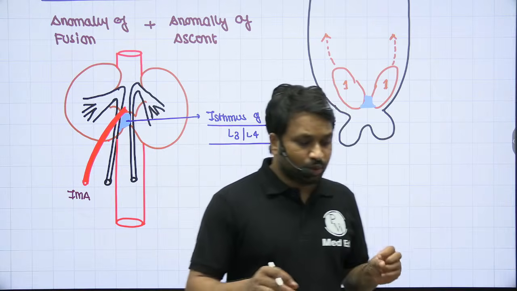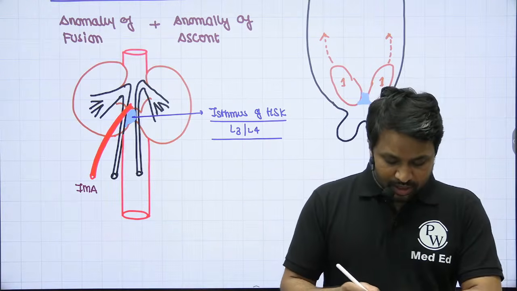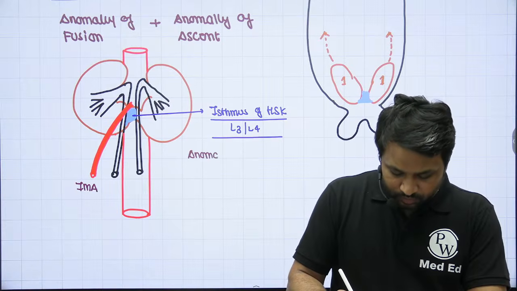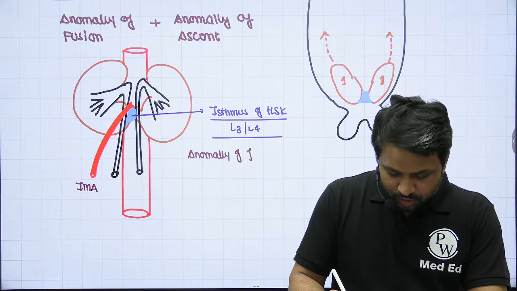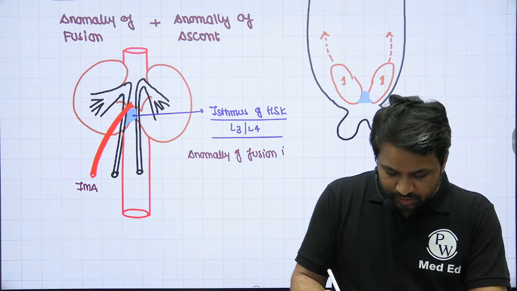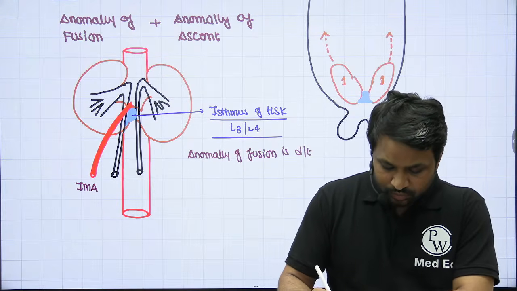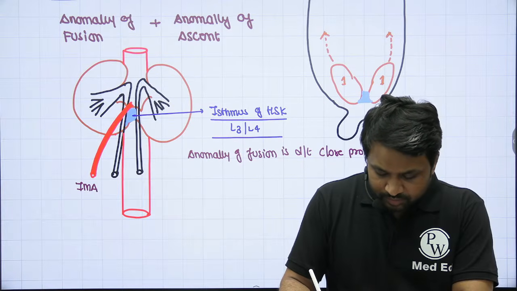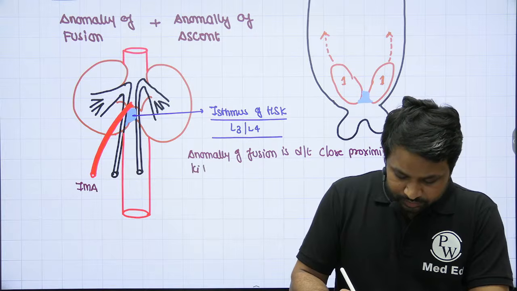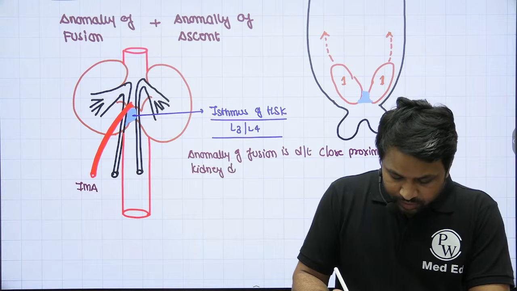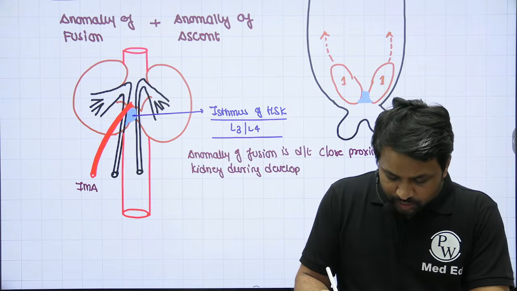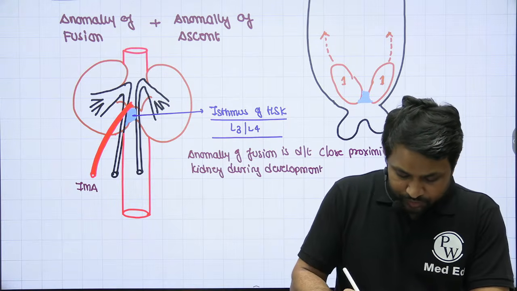Now they ask you what is the anomaly of fusion, anomaly of ascent. Remember, anomaly of fusion is due to close proximity of the kidneys during development, which is going to result in anomaly of fusion.